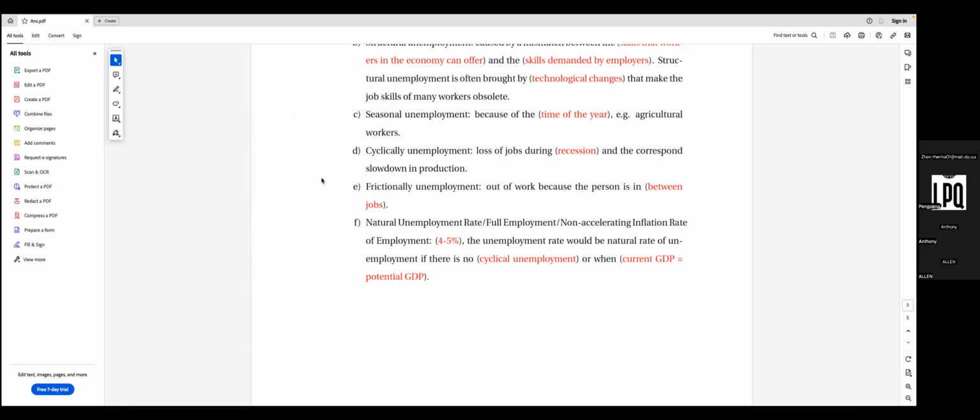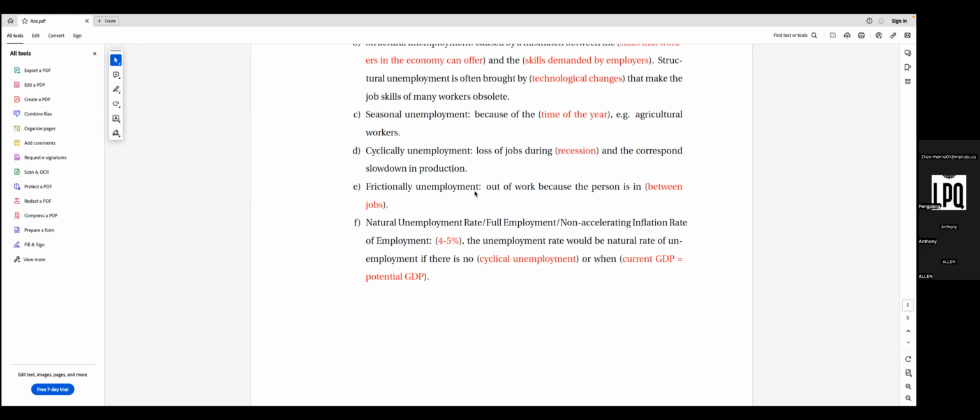We leave some room for frictional unemployment, for those people during their career transitional period, because that is a good thing. We mentioned if they can find a new job, they can be more productive.